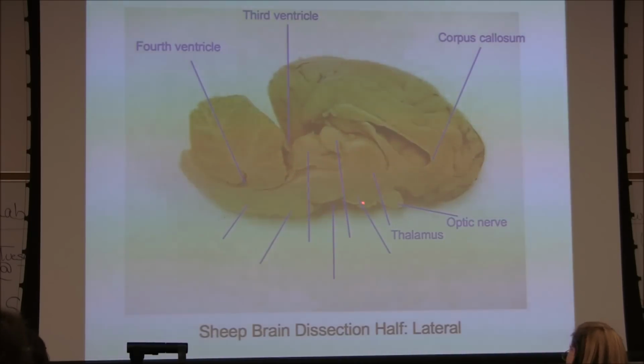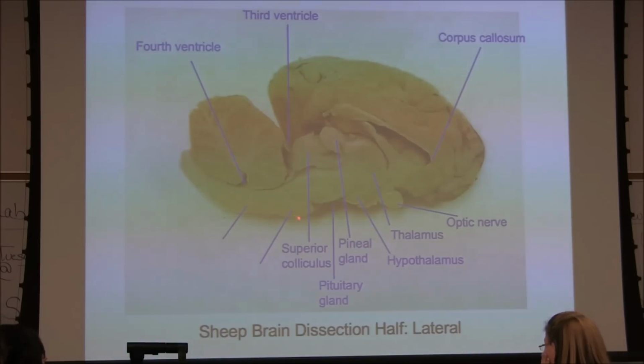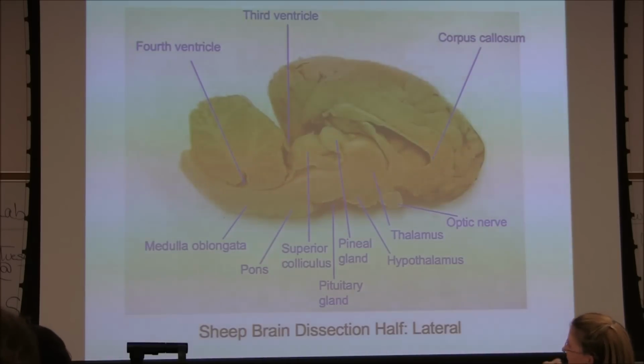Thalamus. Hypothalamus. Pineal. Good. Pituitary. What's this? Superior colliculus. What's this? Pons. Medulla oblongata.